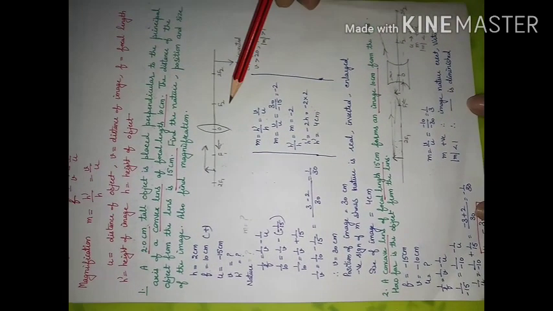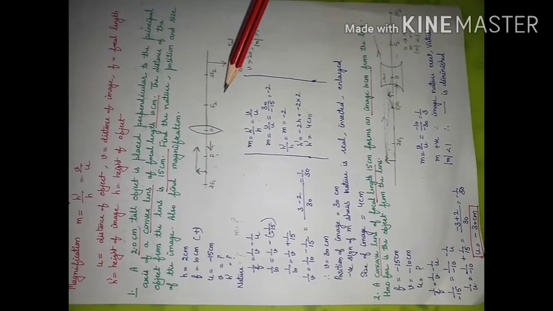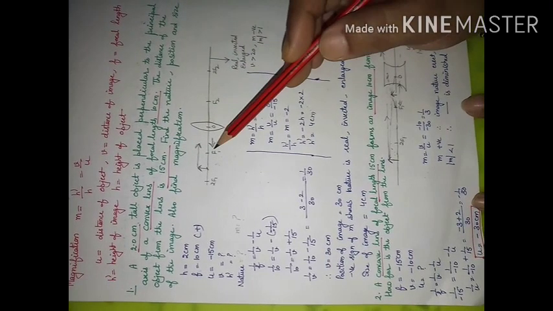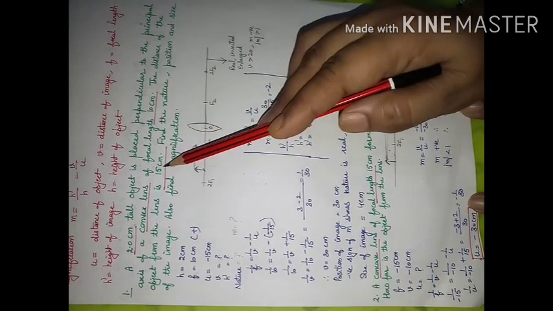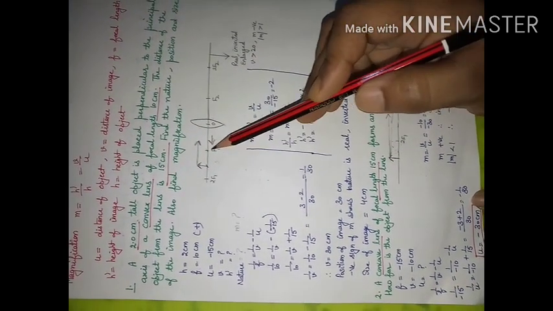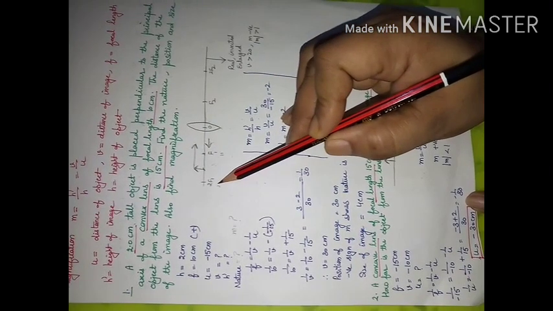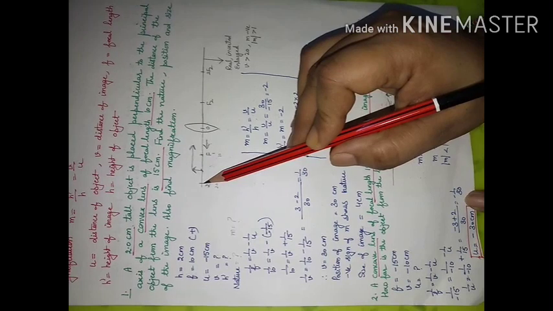Now if ray diagrams are clear to you, an idea about the answer will come in your mind. In this case, the focal length is given to be 10 cm. And object is kept at a distance of 15 cm. It means if this is 10, the distance of 2f will be 20. So object is kept between f1 and 2f1.